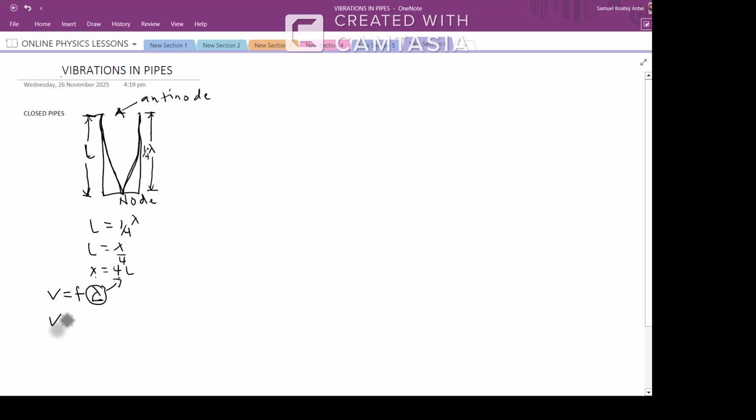So we can see that V equals the fundamental frequency times 4 times the length of the pipe. I've emphasized that the frequency here is the fundamental frequency.